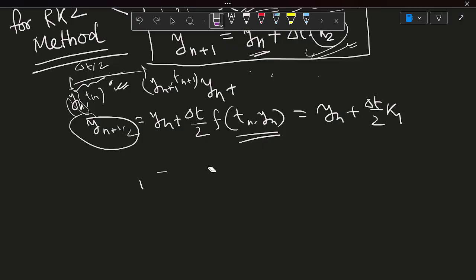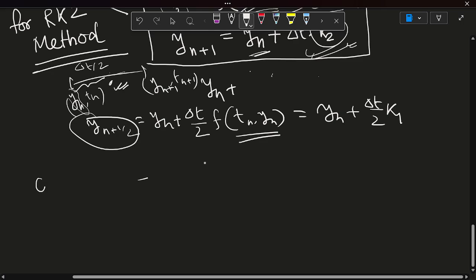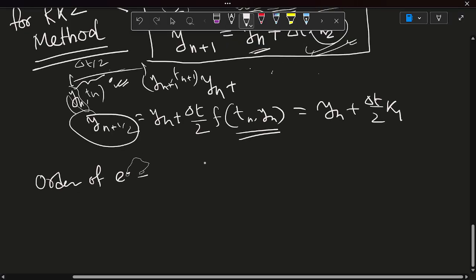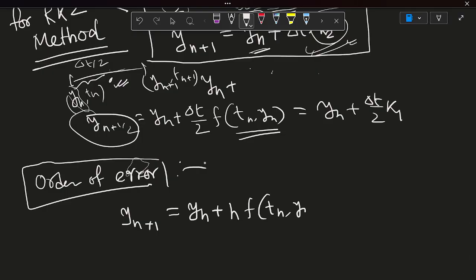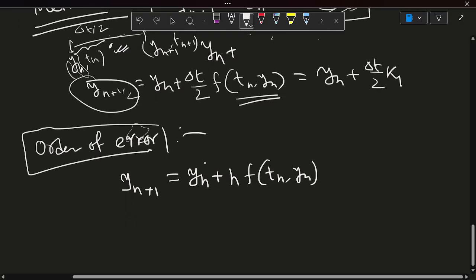So, order of error. In Euler method, we have calculated yn plus 1 as yn plus h times the function evaluated at t and yn. But we know that this is not the true solution. So how will the true solution look?